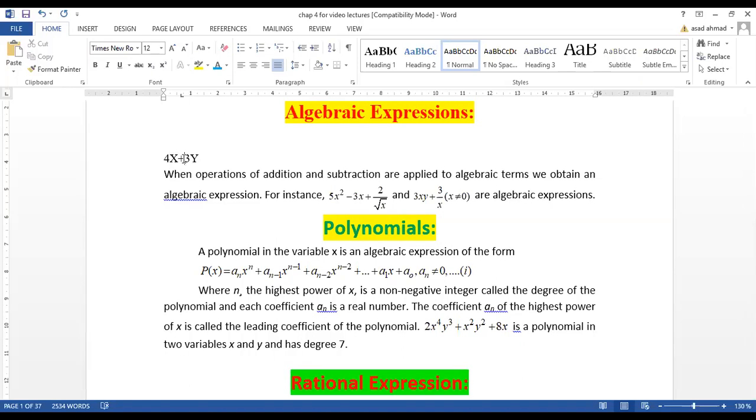Normally these are the 4 operators which are being used for calculations. You can have other operators, like you can see that under root x is also an operator. So in very simple words, when you connect variables and constants together with some operators, you get algebraic expressions.